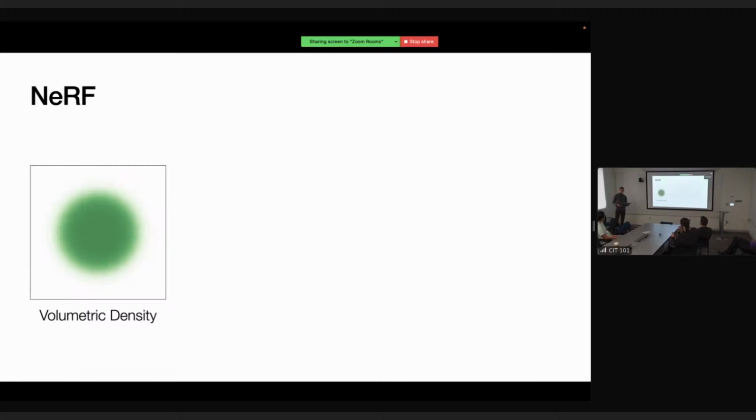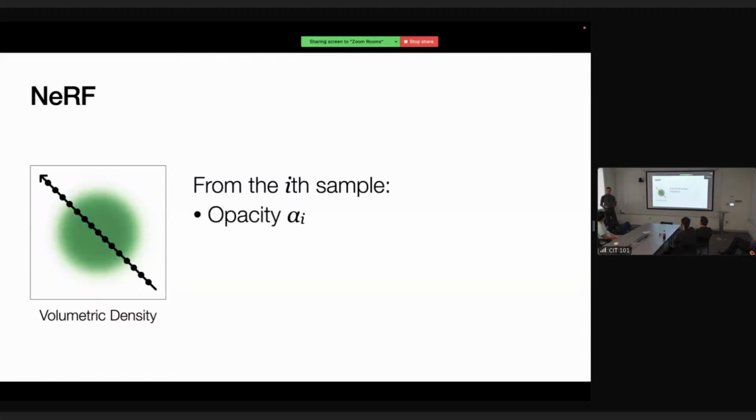If you have a particular camera ray, you shoot the camera ray into the scene, and then you take a bunch of samples along it, and for each sample you get an alpha or opacity, which is computed from the density, as well as a color. Then in order to compute the ray's color, you just blend these together with alpha compositing. You take all of your alphas and all of your colors, and C is the final pixel color. We've all seen this many times, and we know that it works really well.